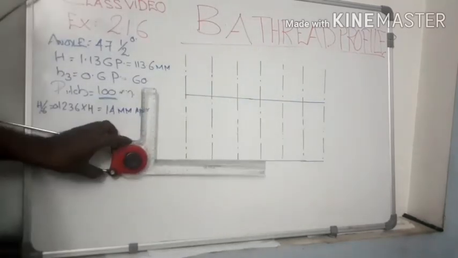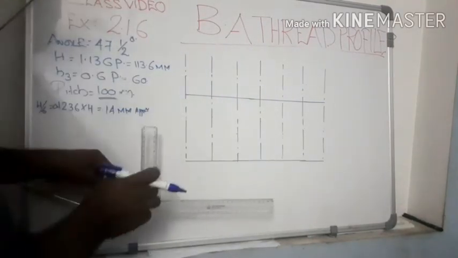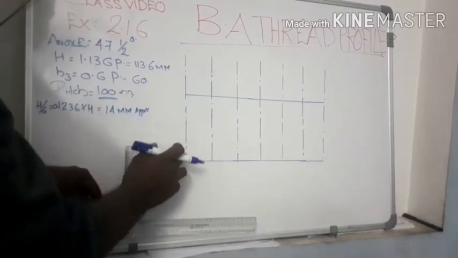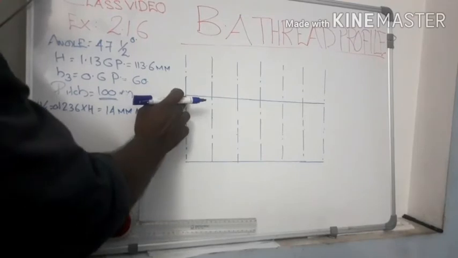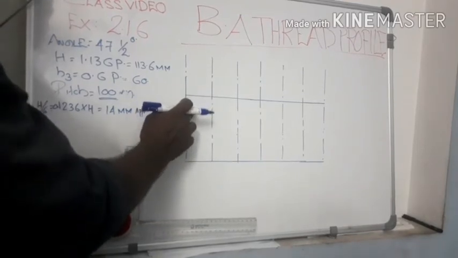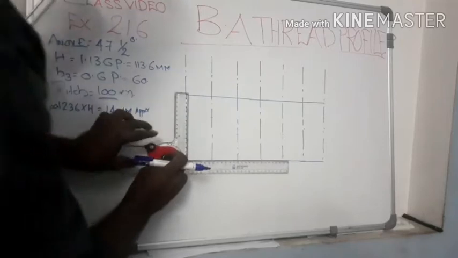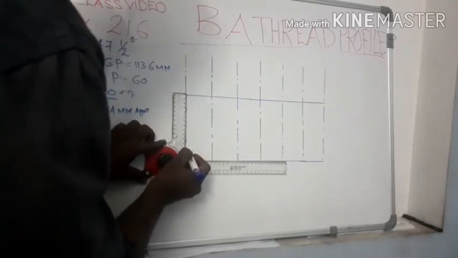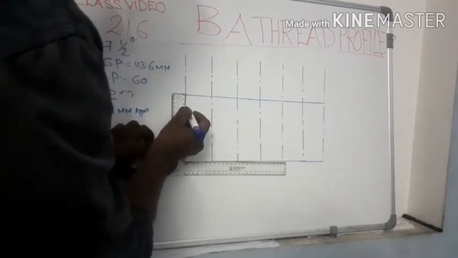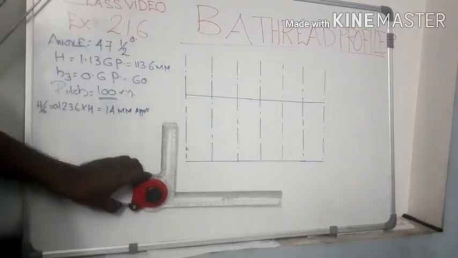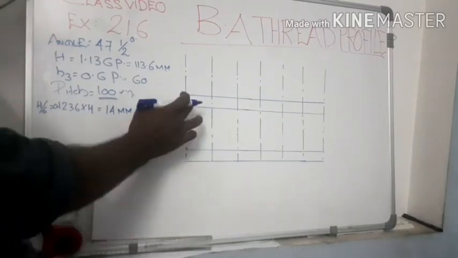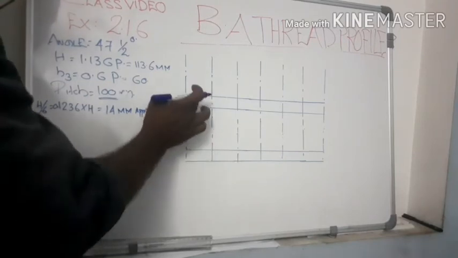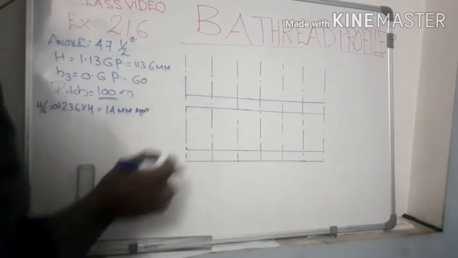Now we have to draw 2 more horizontal lines keeping 14 mm at the bottom line and 14 mm below the top horizontal line. Now we have to complete 4 more horizontal lines. This value is 14 millimeter and this value is 14 millimeter.